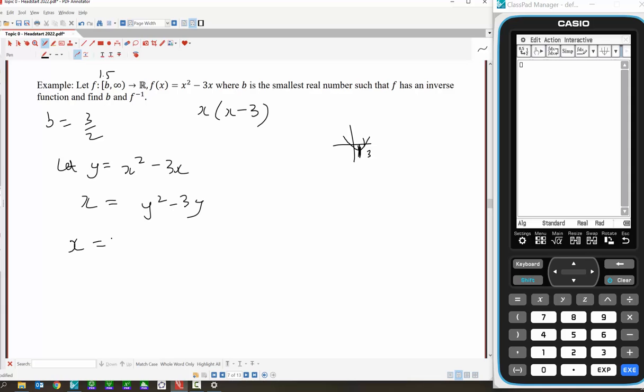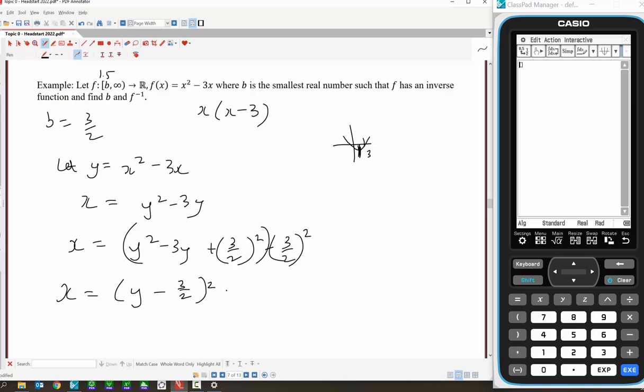So let's do that. y squared take 3y, halve it, square it, and add it, and then remove it. So that's going to be x equals (y take away 3 on 2) all squared, take away 9 on 4.